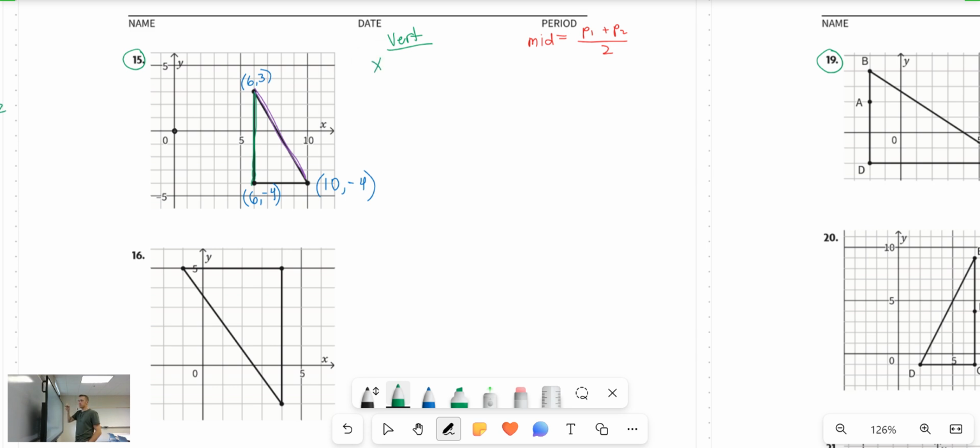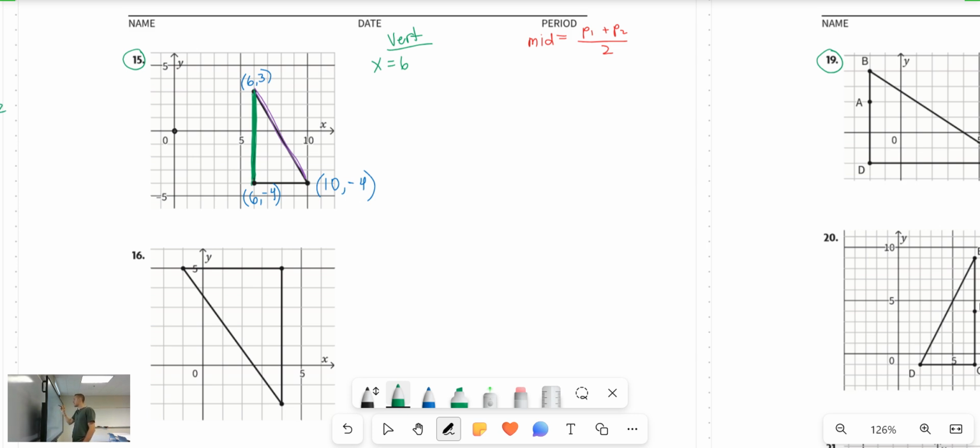Because somewhere that's halfway between 2 points that are stacked vertically must be on this line. So the x must be on this line here, which means that the x value has to be 6.